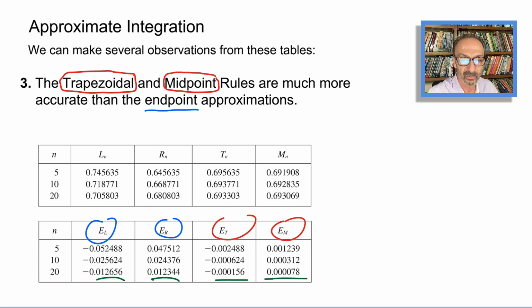So if you have the choice to be more accurate, you take the trapezoidal and the midpoint rather than the left and right approximation. Of course, the trapezoidal are closer. You saw that from the graph. It's almost like going aligned with the graph. And the midpoint, of course.